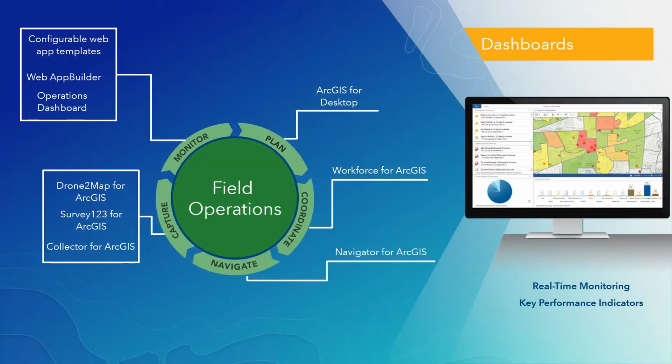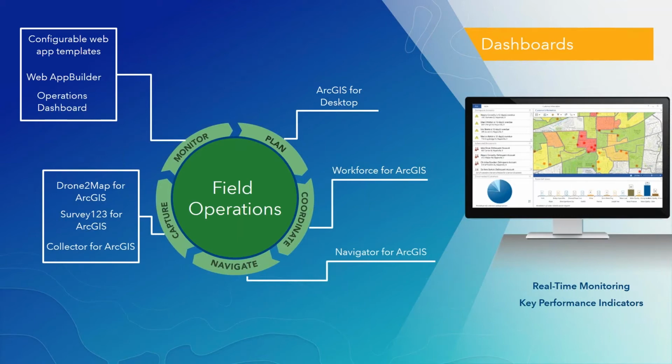Well, if we look at our little diagram once again, we kind of went around the horn from using ArcGIS Desktop to plan our database schemas, and publish those up to the web. Then when it's in the web, we can start to use apps like Workforce, Navigator, Survey 123, or Collector, even in disconnected environments. But as we're capturing that data, we can funnel it into different types of dashboards.